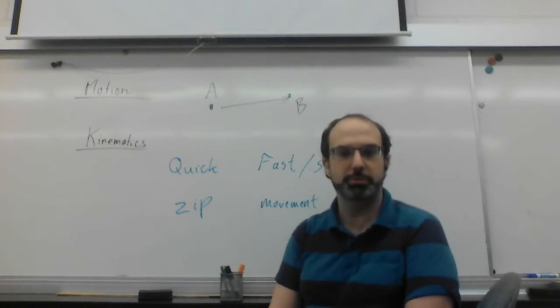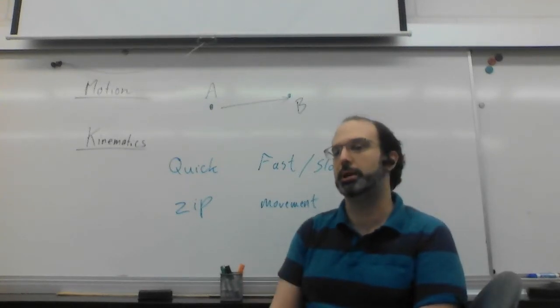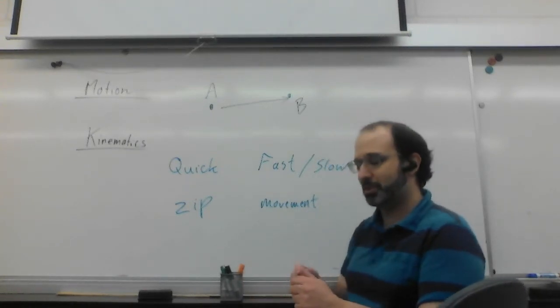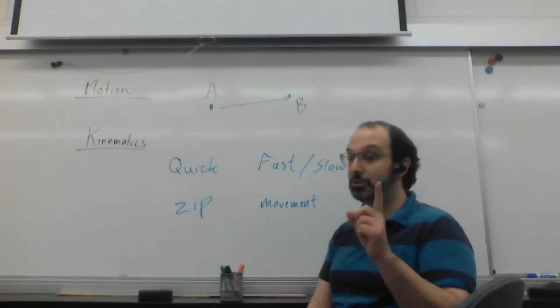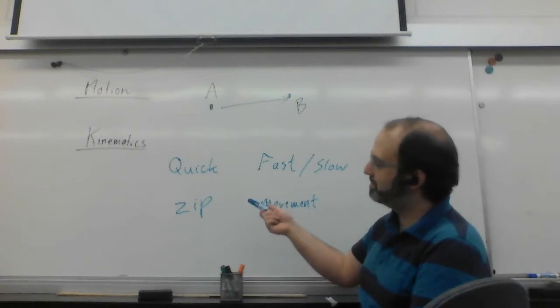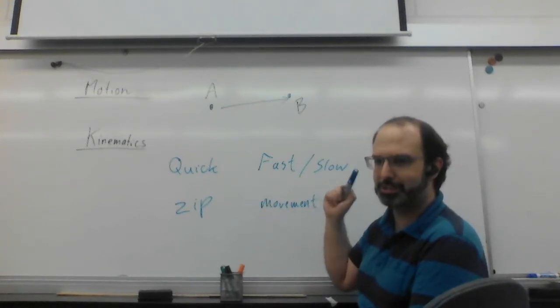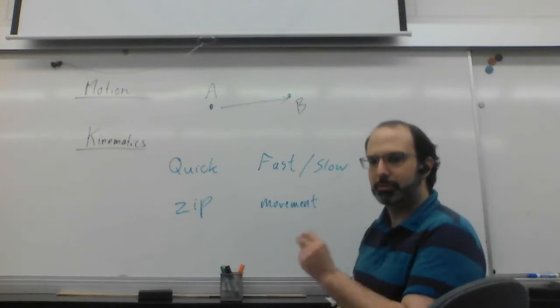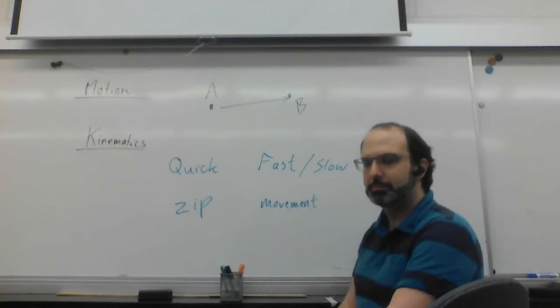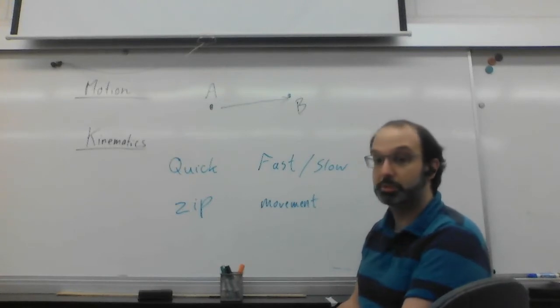Zip. Something zips along, moves pretty quick. One of those weird things about English, one of many weird things about English, but in this case, a good thing, is that words that talk about fast actually are kind of fast to say, right? Zip, fast, quick. They're all speedy. Oh, there's another word, speedy.